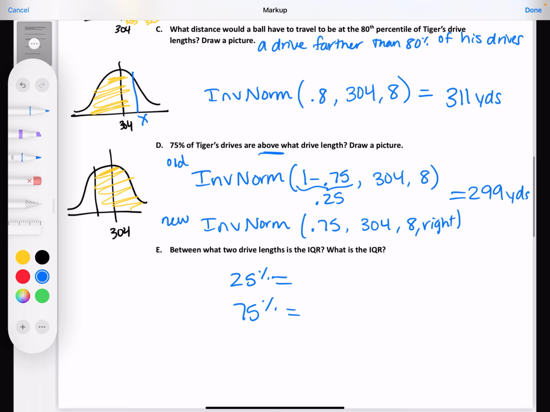Oh wait, but you already found the 25% one. It's 299 yards. Then what you need to do is go back, and so Joelle, you already had the 0.75, but you need to do it for left. Okay. And then Ethan, instead of 0.25, you can actually type in 0.75 now to get that one.